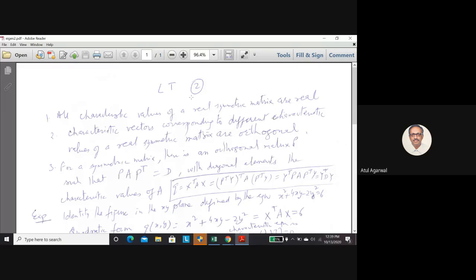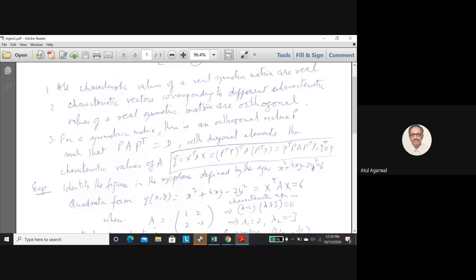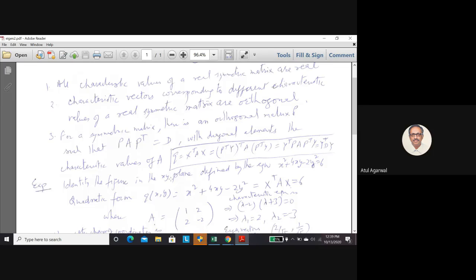For a symmetric matrix, there is an orthogonal matrix P such that P into the actual matrix into P transpose is equal to a diagonal matrix, whose diagonal elements are the characteristic values of A. So diagonal elements are basically eigenvalues of A. What is an orthogonal matrix? For an orthogonal matrix, the inverse is its transpose.